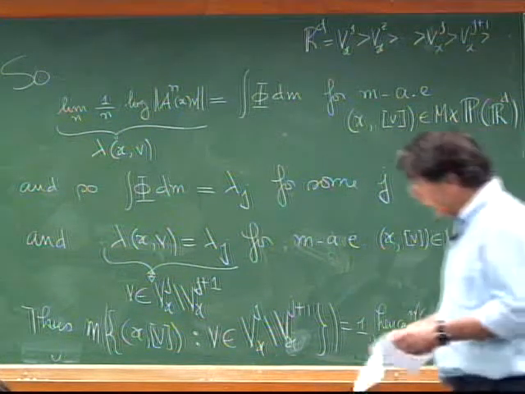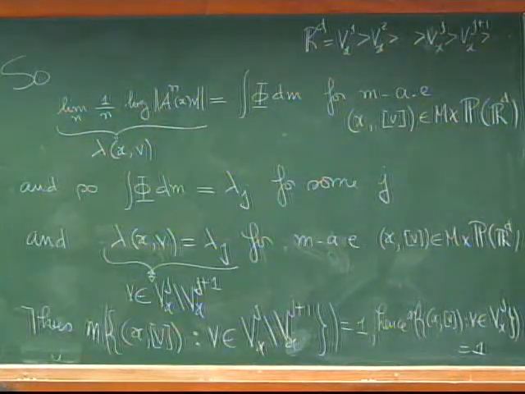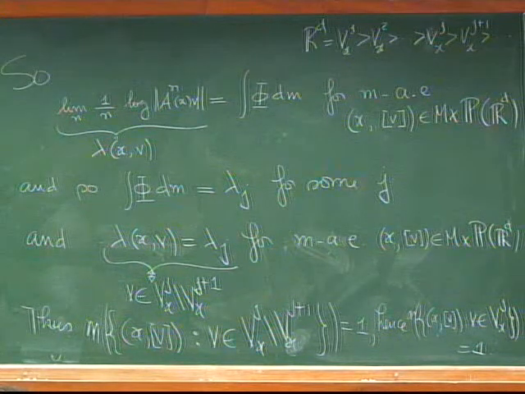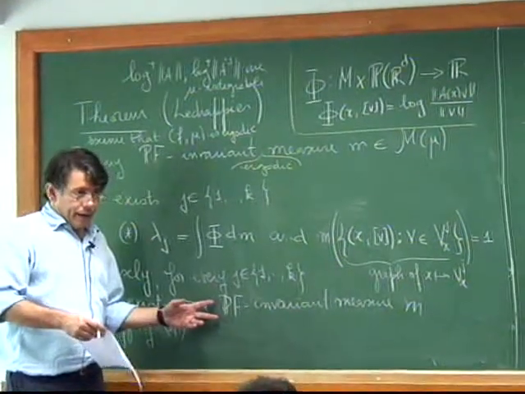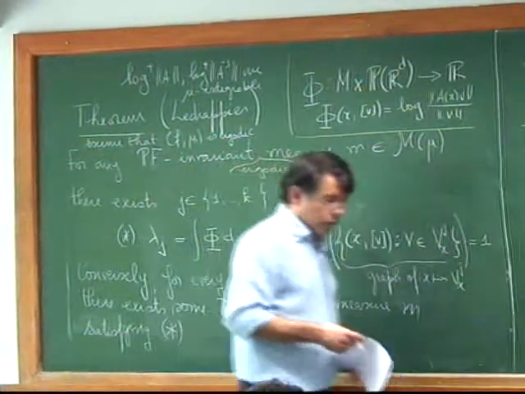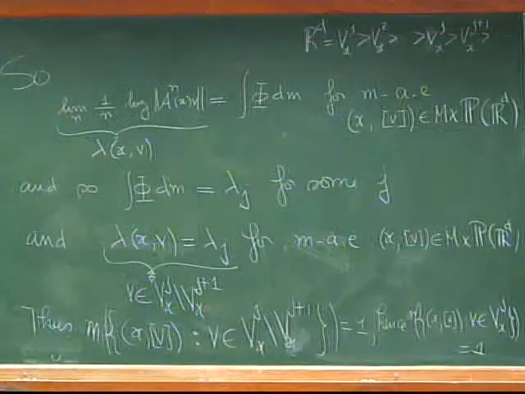So now we have to go and prove the converse. And you see, in order to prove the converse, we have to construct some invariant measure. And whenever you want to construct an invariant measure, the trick is always the same.